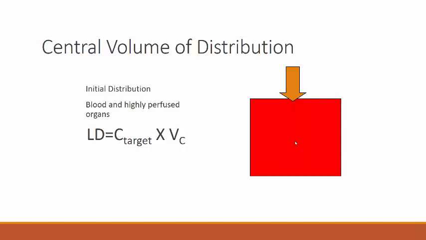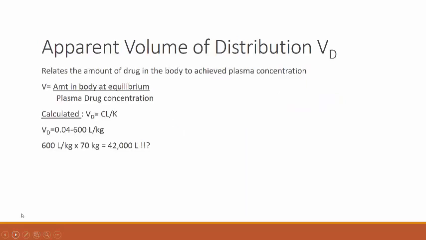So if we're trying to determine a loading dose, we use that central volume of distribution. And if we're giving an IV bolus of a drug, the concentration that we get right away would be dependent upon this initial volume of distribution, or central volume of distribution.